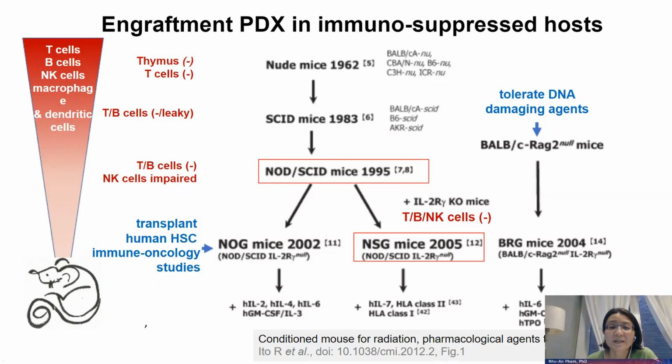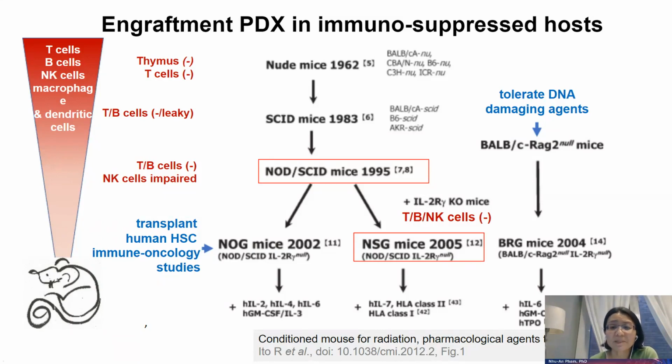And here we can see that in 1995, the NOD-SCID variant was made available. And so a lot of the large collections started to be established from this point onwards. At our institute, we've interchangeably used the NOD-SCID and the NSG, which is a triple depletion of the T cells, B cells, and the natural killer cells.